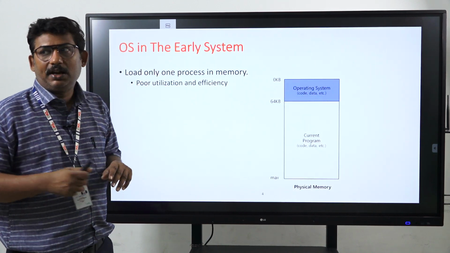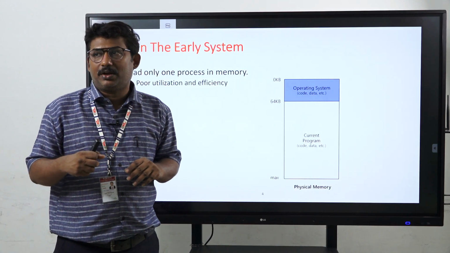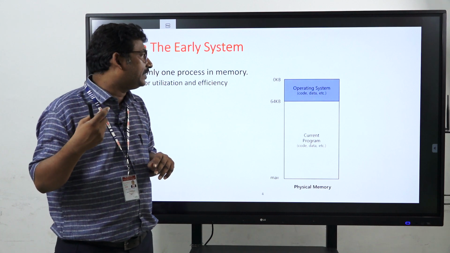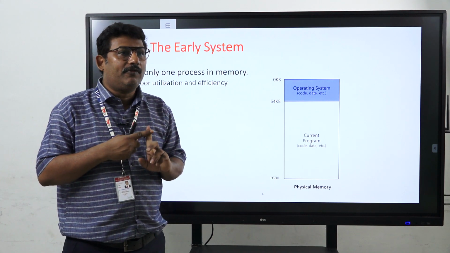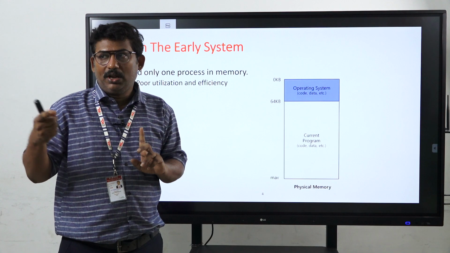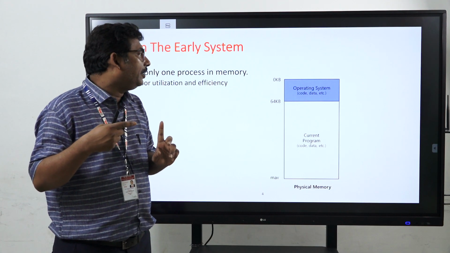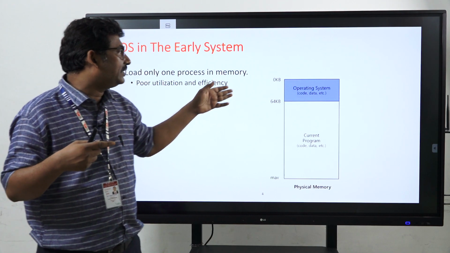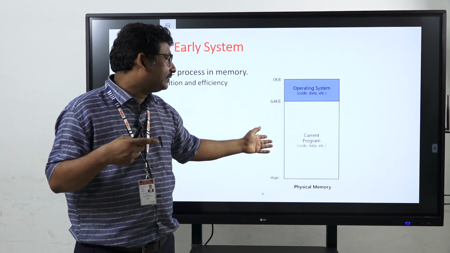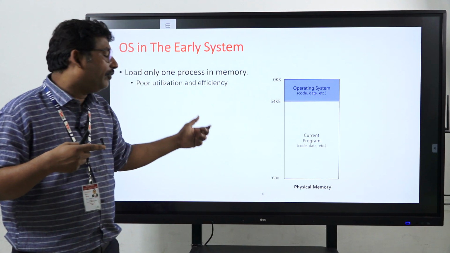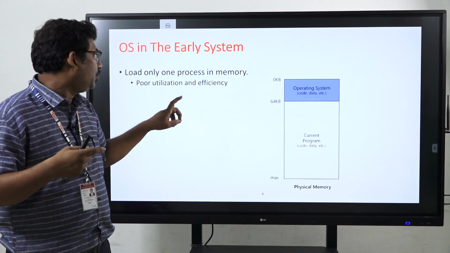Then this is the early operating system, where we have only one process, and this process has the operating system as well as the current program, where the physical memory will be used.